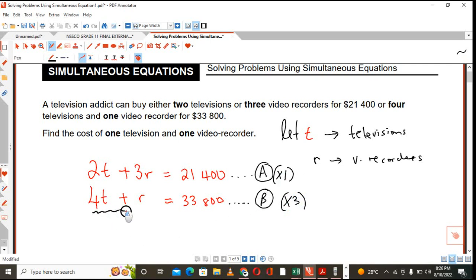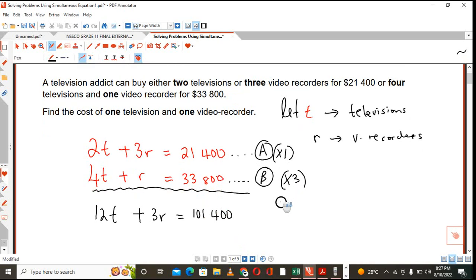If I multiply equation B by 3, 4 times 3 gives you 12T, and 1 times 3 gives you 3R, and then 33,800 times 3 gives you 101,400.